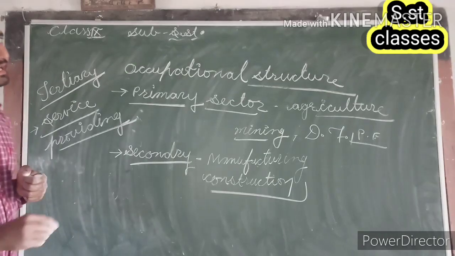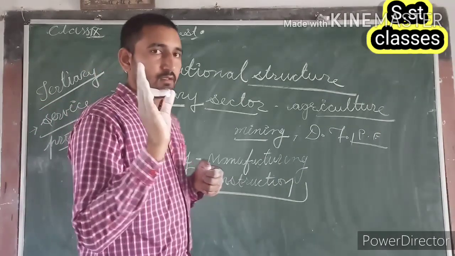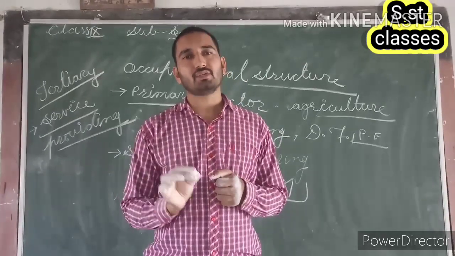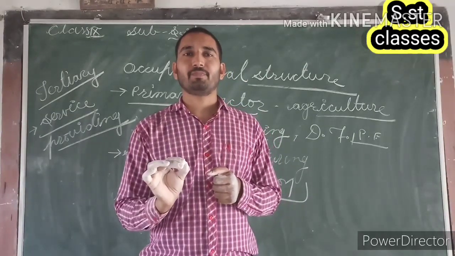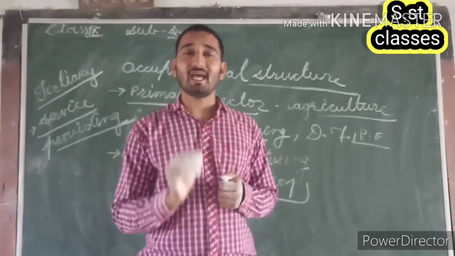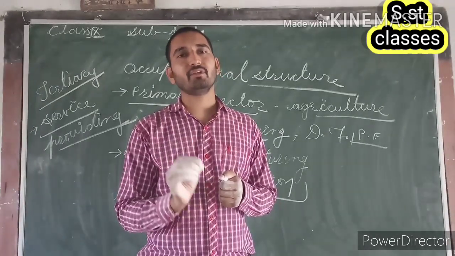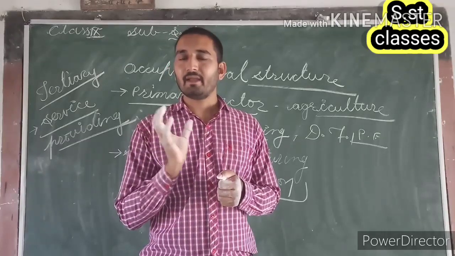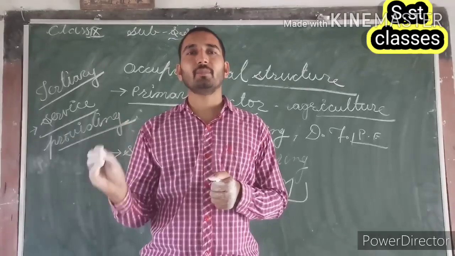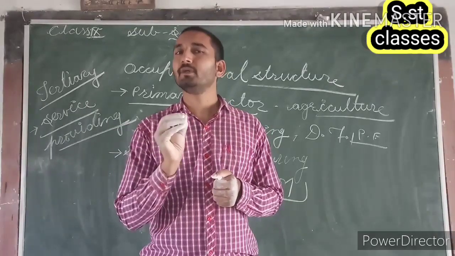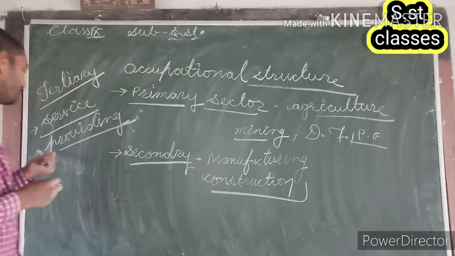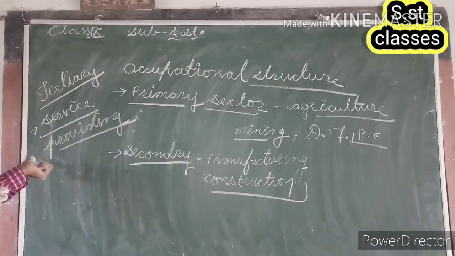So what I mean to say is, the tertiary sector does not make any kind of production, it just gives contribution, means it just helps the other sectors of economy for production. In actual, this sector of economy does not make any kind of production. Is that clear?